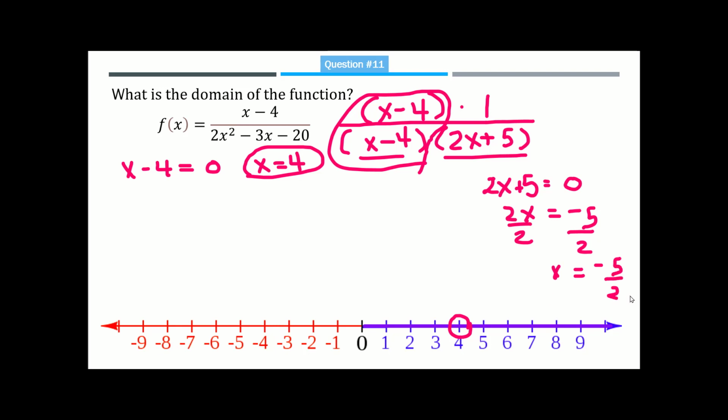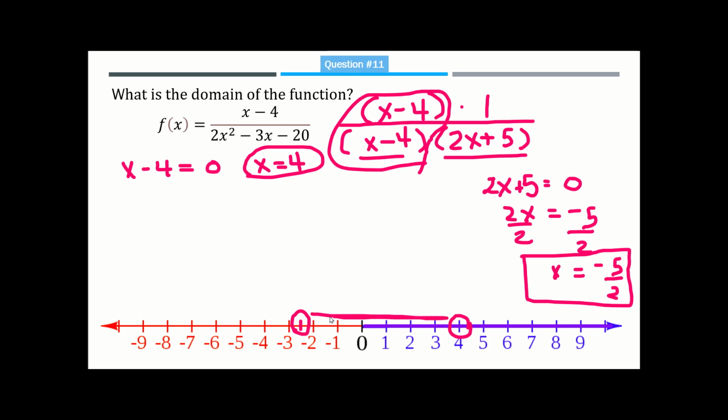Divide 5 by 2, we get 2 1/2, so negative 2 1/2 would be about right here. So I'm going to have to circle that and leave that open. So we cannot let x be 4 or x be negative 5/2. But it can be everything else.